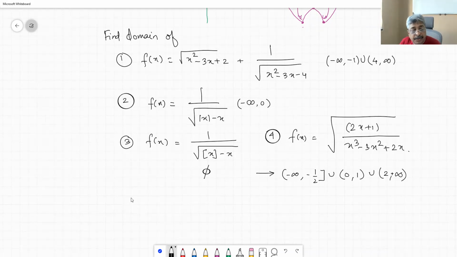Next, fifth, y is equal to 1 upon log to the base 10 of (1 minus x) plus root of (x plus 2).